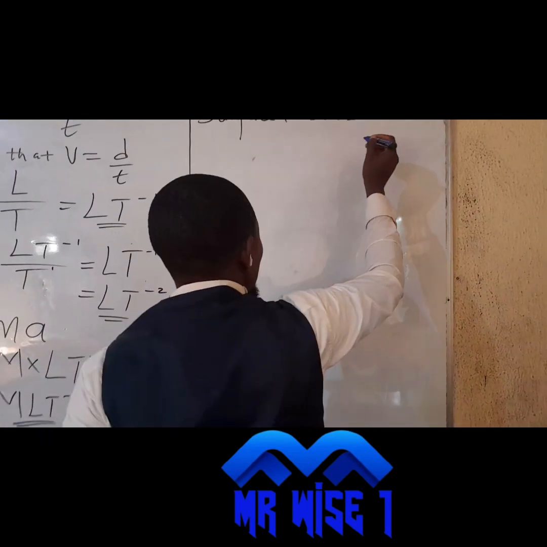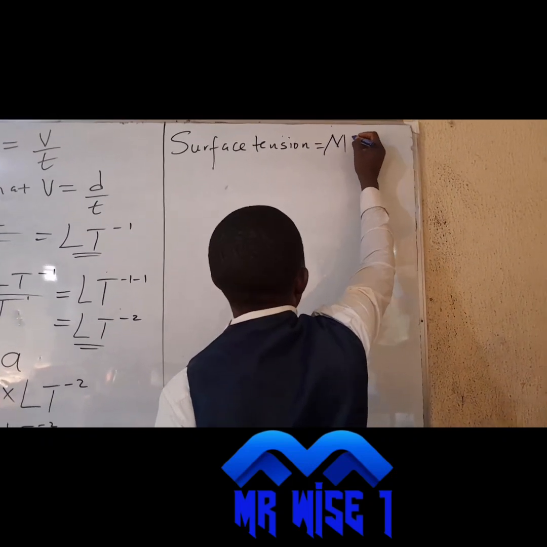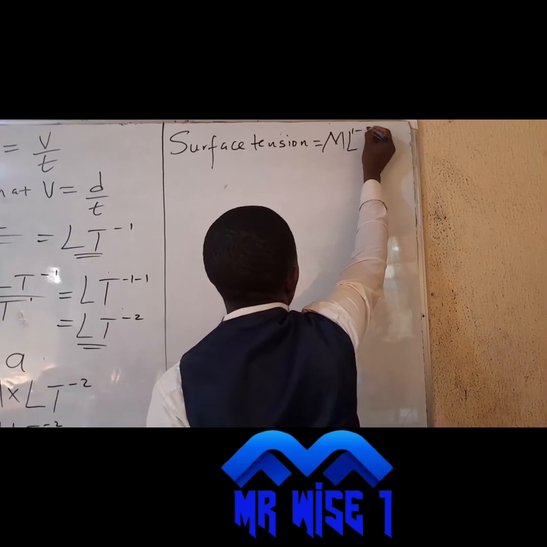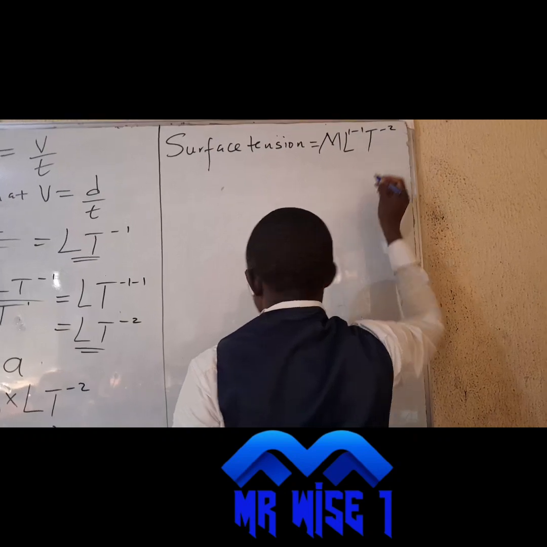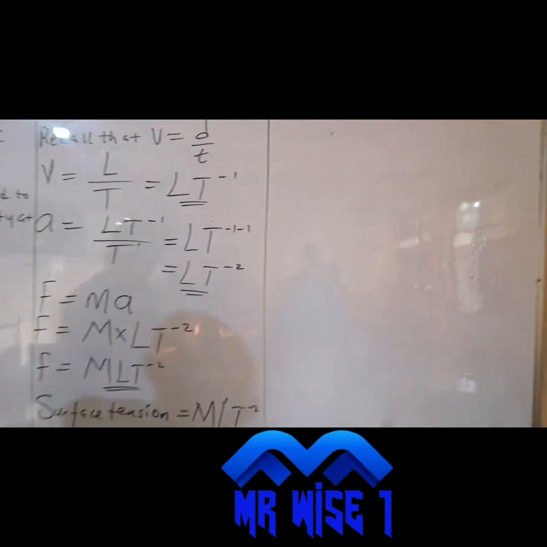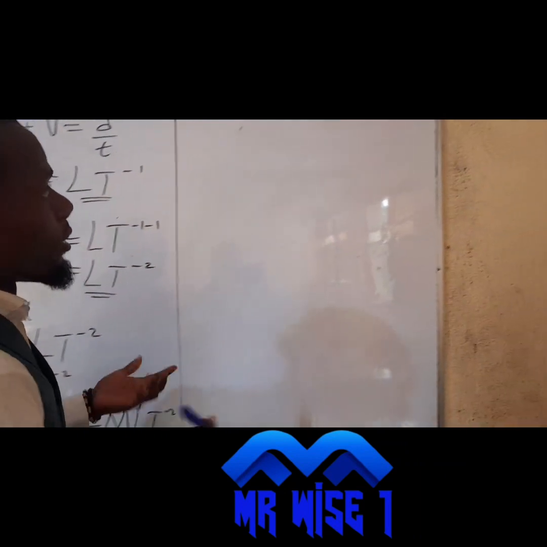So I'll have M L 1 minus 1 T minus 2. This is length, so 1 minus 1 is 0.